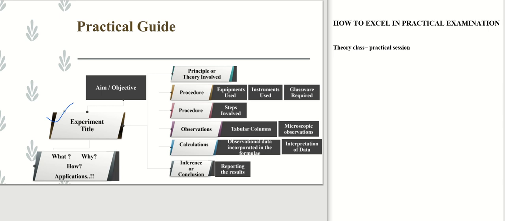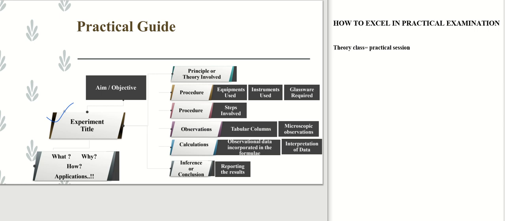Suppose, for example, we are doing the determination of viscosity. Our aim should be to determine the viscosity of the given sample. So it is the viscosity parameter, and obviously the given sample would be a liquid.